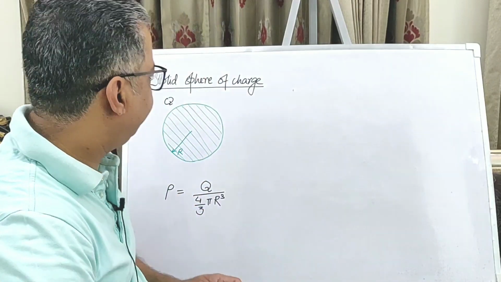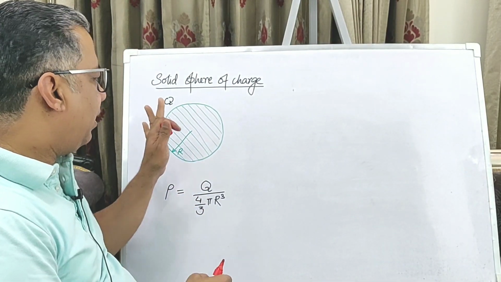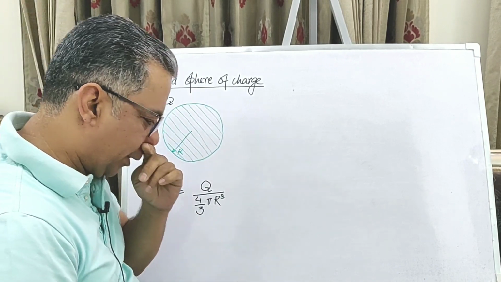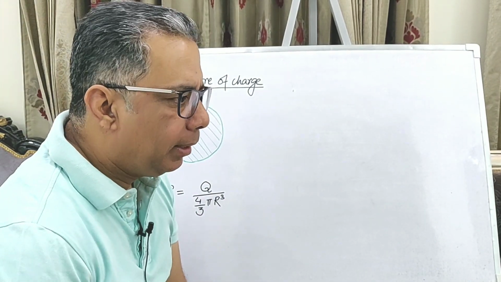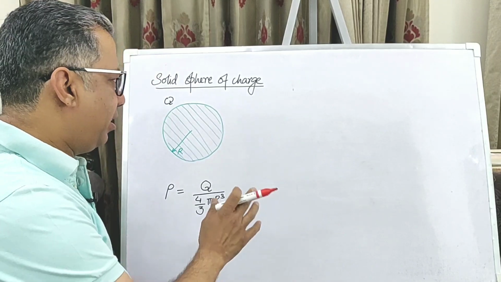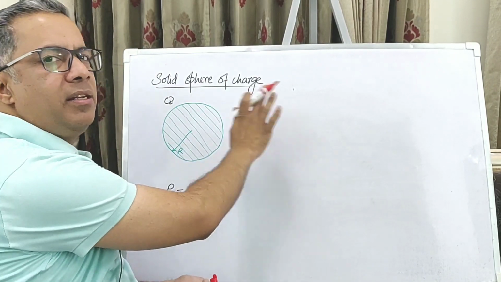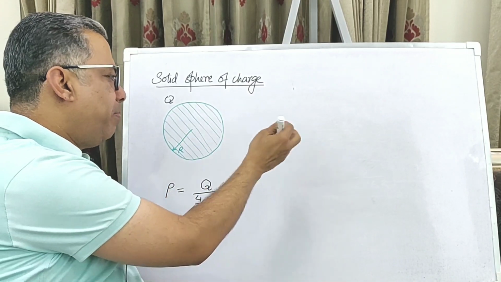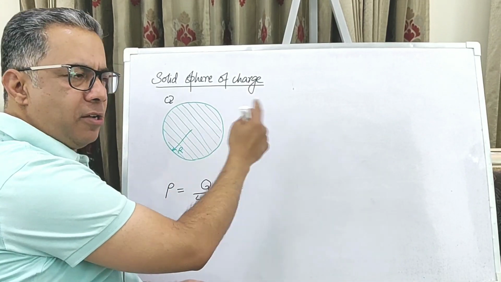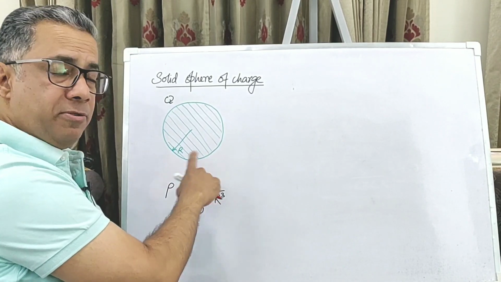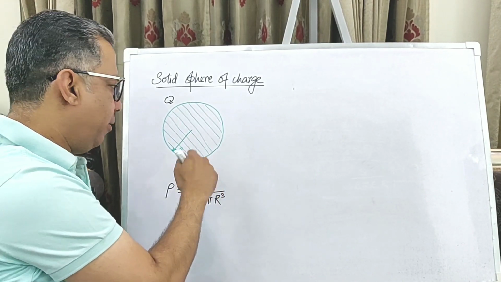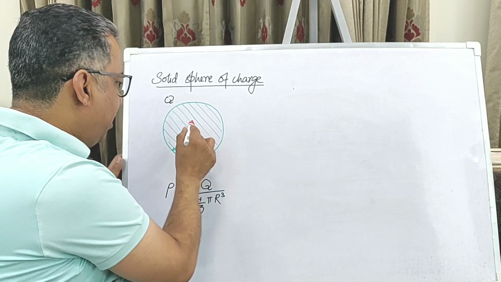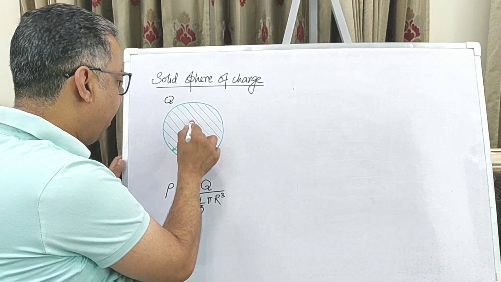Now let's see what is the process of constructing this. How we construct this sphere is, we start when there is no sphere, there is no charge, and we start bringing in little bits of charge dq, having this amount of density per unit volume, and we assemble layer after layer. Now let me construct one such layer.